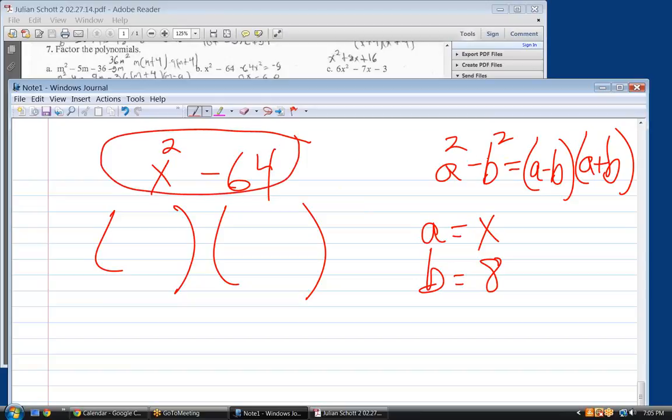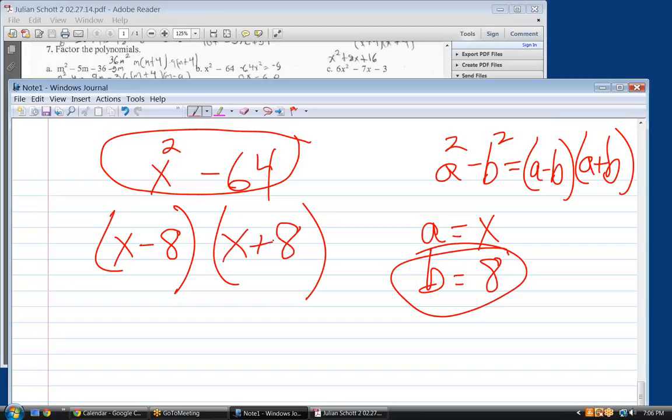If a squared minus b squared factors into a minus b times a plus b, what does x squared minus 64 factor into? X minus 64, or 8. Remember, it's a minus b times a plus b.